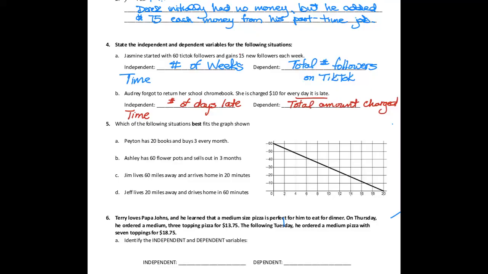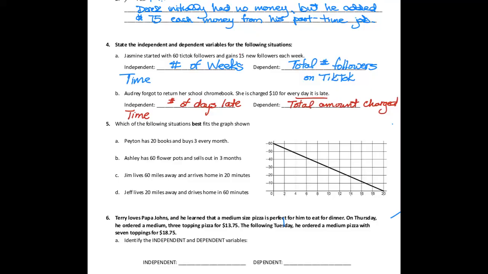So that one, total amount charged. If we talk about a charge, it is a negative amount, but the charge is also positive. Charge indicates a negative. Anyway, I was thinking more about the graph, but that is what the independent and dependent variables would be. Okay? All right, moving on.